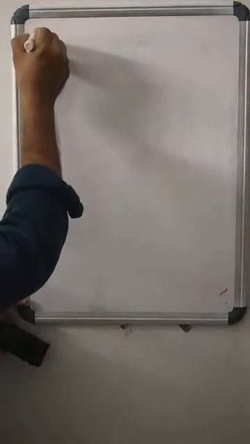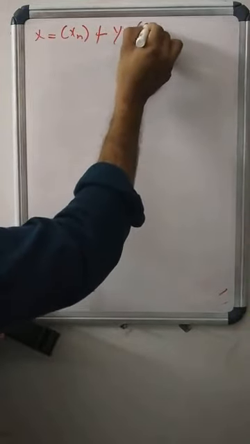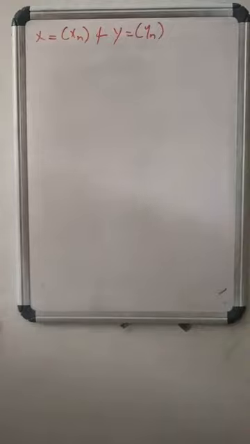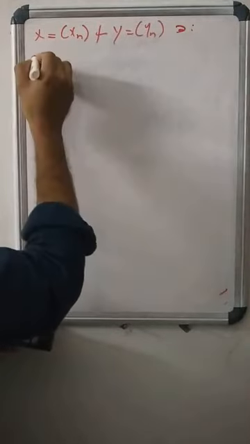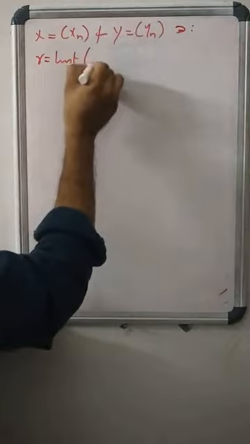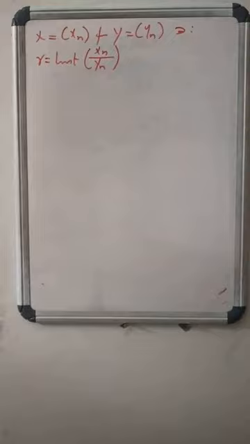Suppose that x equals xn and y equals yn are any two sequences of non-zero real terms, such that r equals limit xn by yn exists.